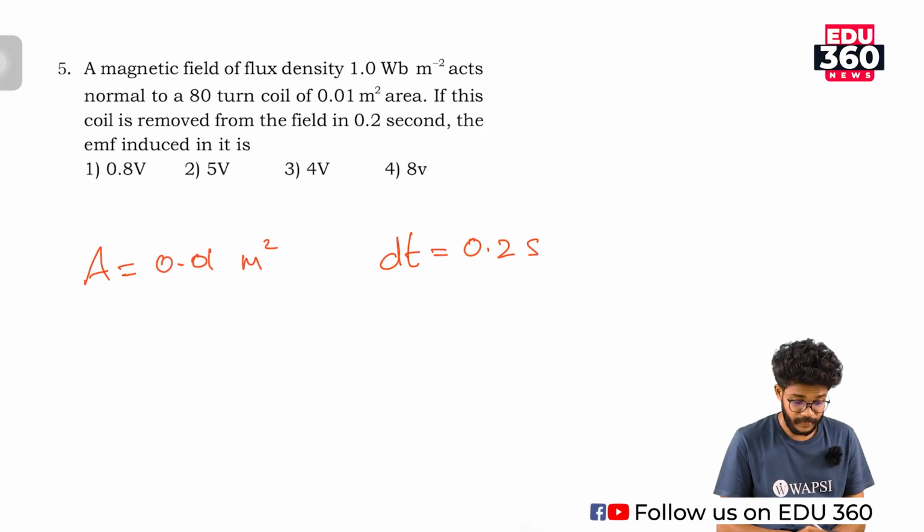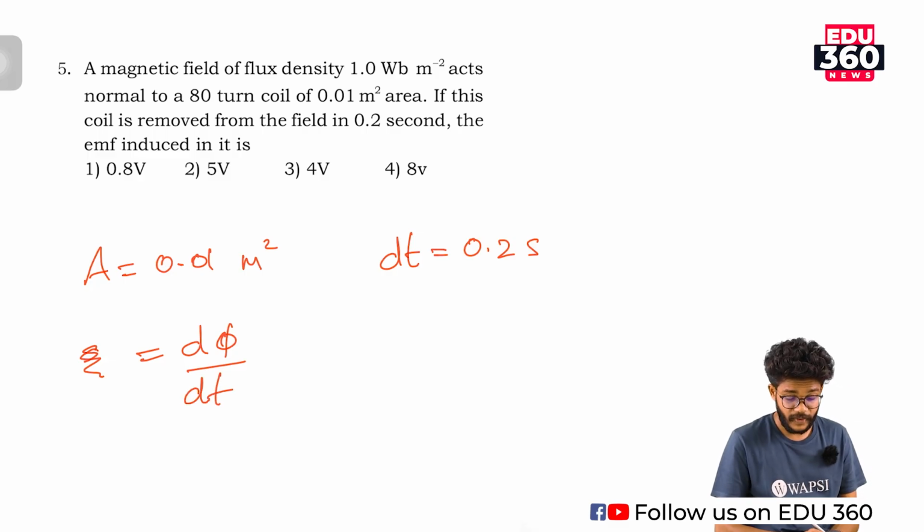The EMF induced in it, so EMF induced is d phi by dt. Okay, so what is the flux in the initial time? Here the flux density is given.